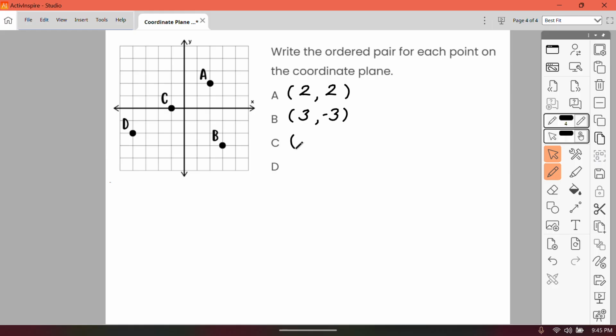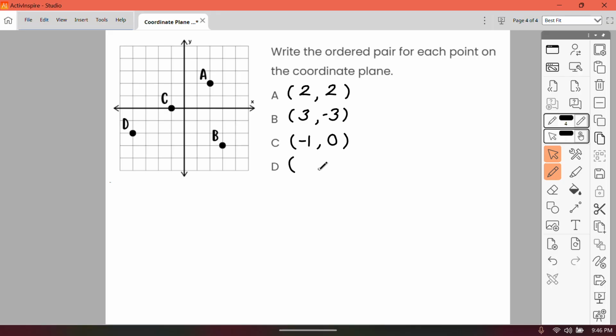C is on an axis, which tells me immediately I need to be careful. So first, did I go left or right? Yes, I went left 1 space, which means I'm at -1. But then, did I go up or down? No. So my y coordinate is 0.